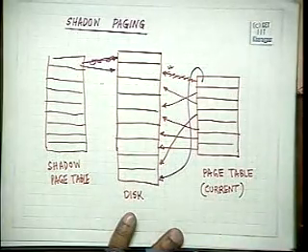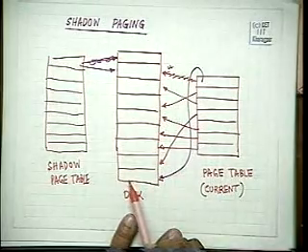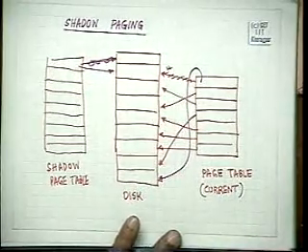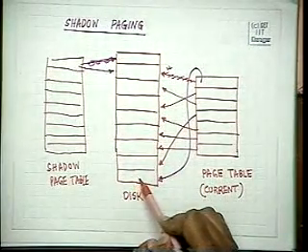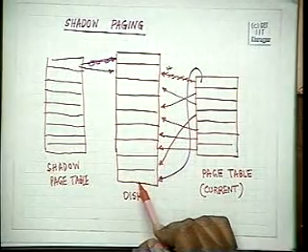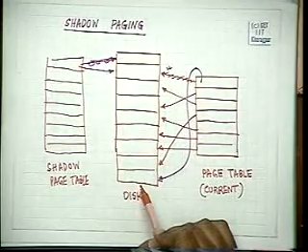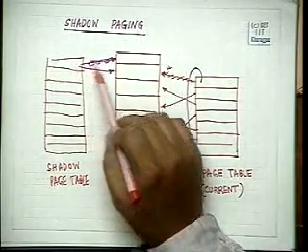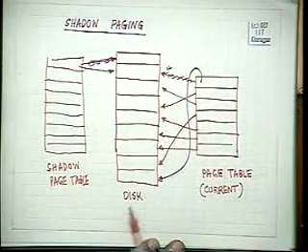And whatever modification takes place on this page while a transaction T1 is going on is made here. If there is any crash before the transaction completes, then the shadow page is taken and the transaction is restarted.